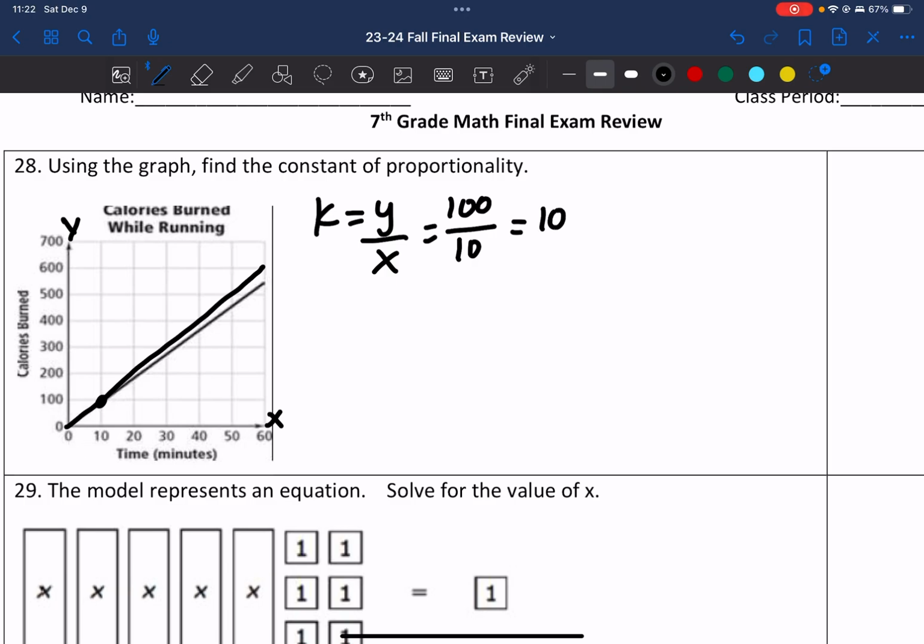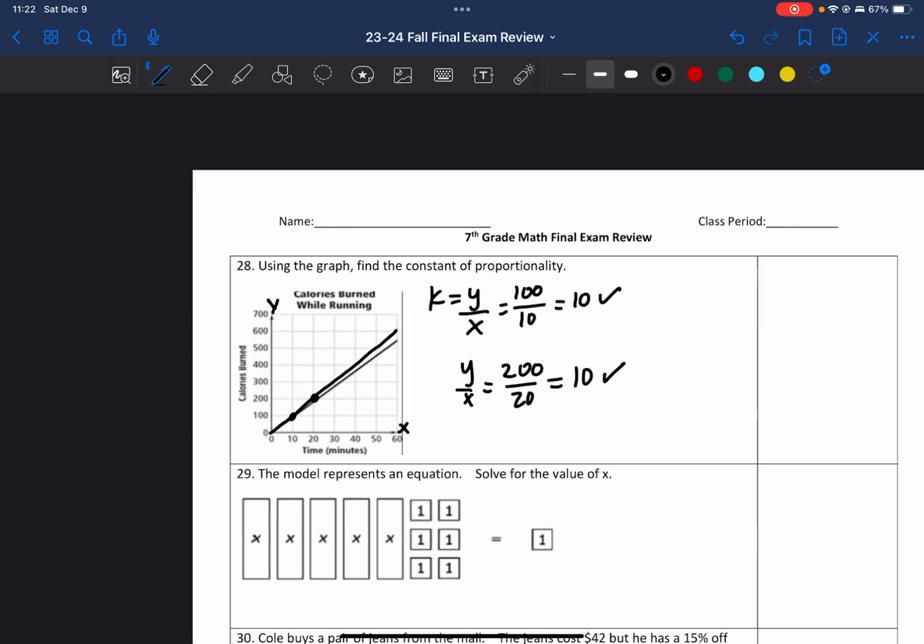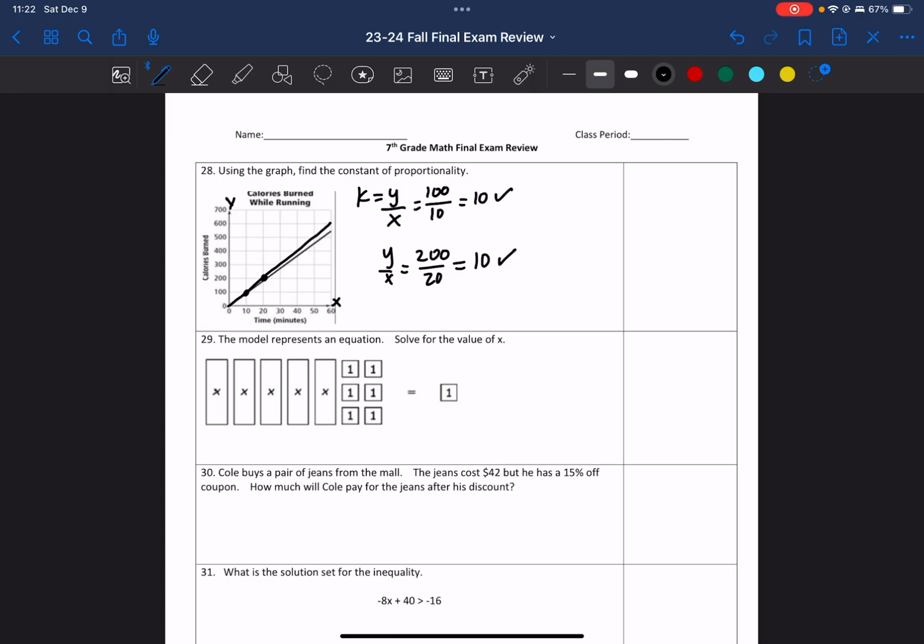Now let's do another one. Let's do 200 divided by 20. If we do that, that is going to be 10. We can see we're getting the correct answer each time, so that is correct. So here, k is equal to 10.